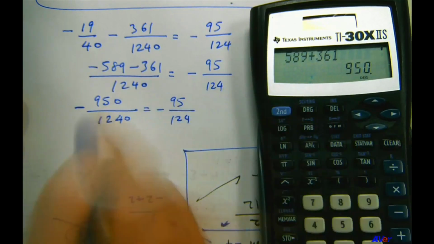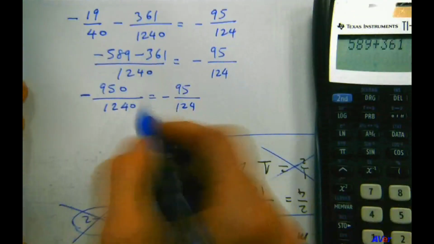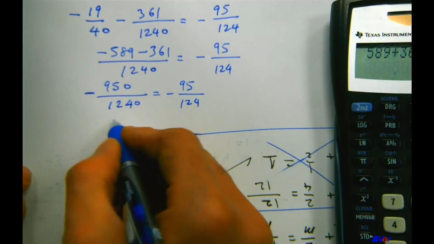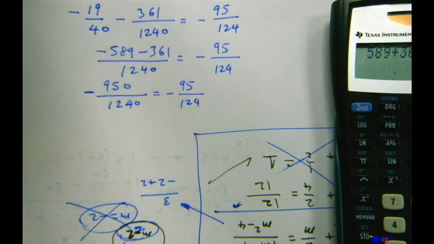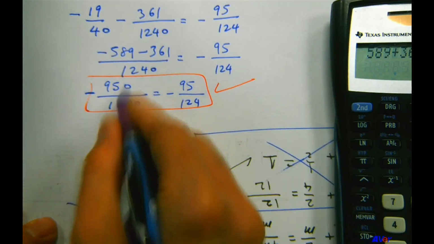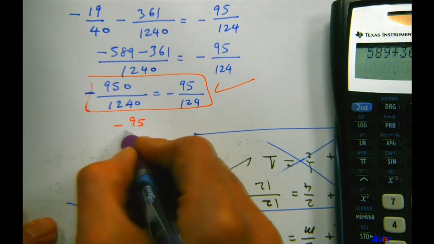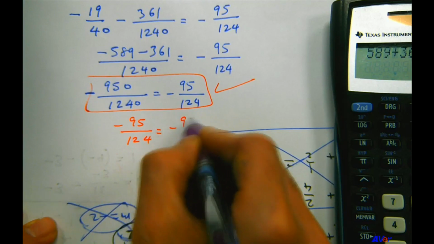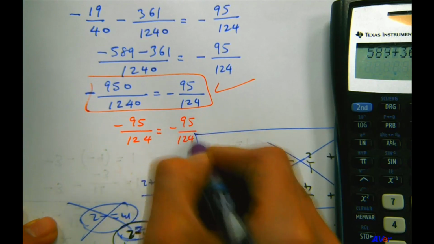And of course this simplifies to that, right? So this whole thing simplifies to this. These are equal to each other, because we can write this as minus 95 over 124 equals minus 95 over 124.